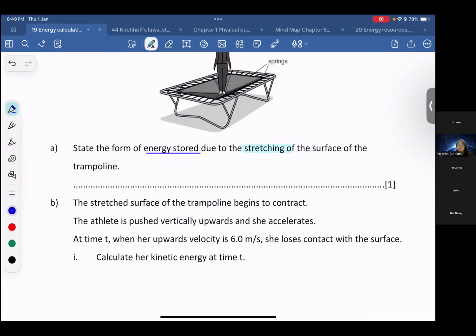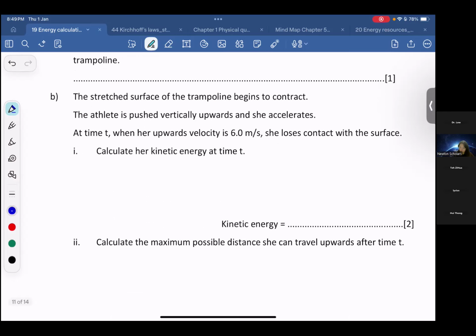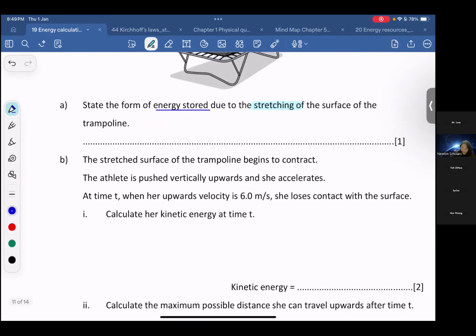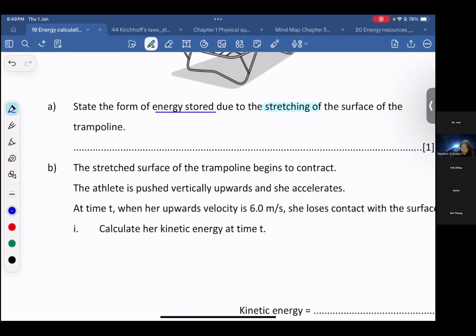Angeline, correct. Zihua, it is called elastic potential energy. It's not elastic force. So our answer can be strain energy, or we can say elastic potential energy.